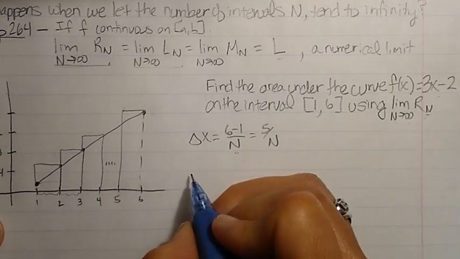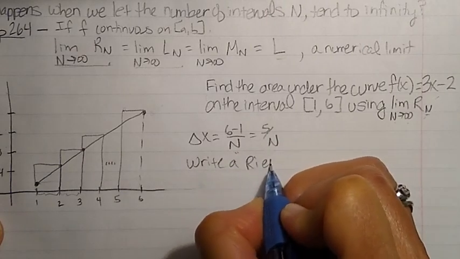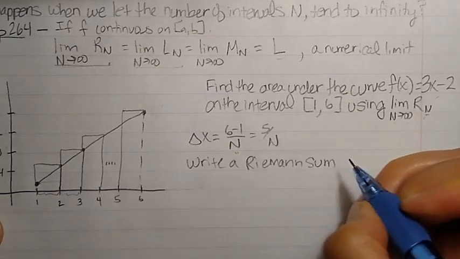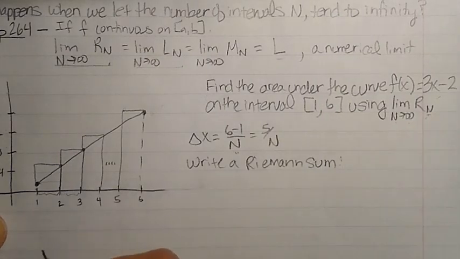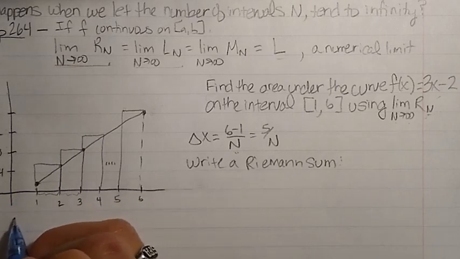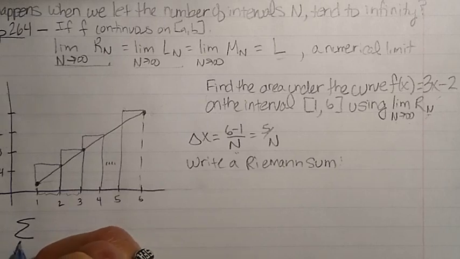Next, I want to write a Riemann sum that's going to capture the sum of the areas of all these rectangles. And so here's how I might do that. And then we'll do the algebra on another sheet. So I'm going to sum using the same terminology as the book.